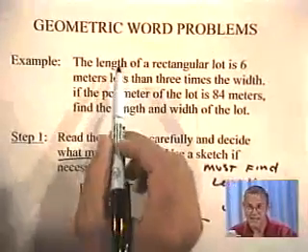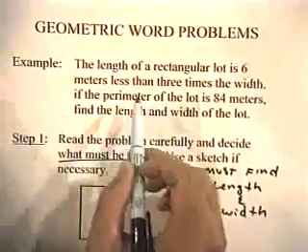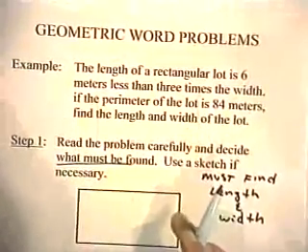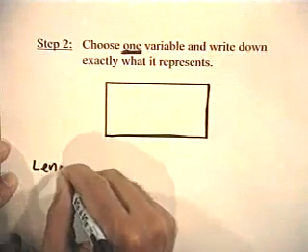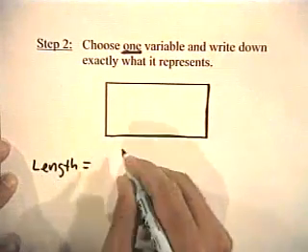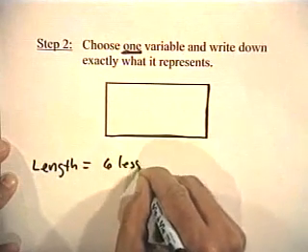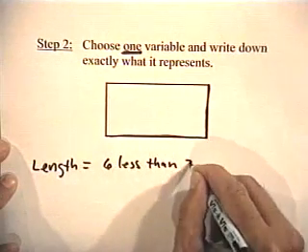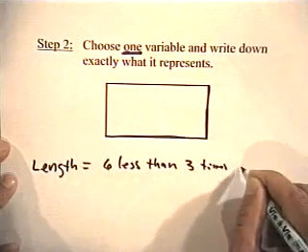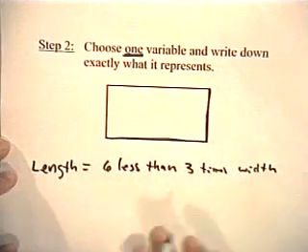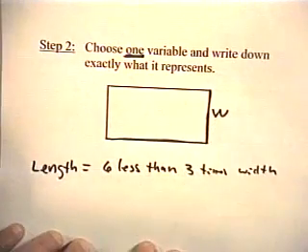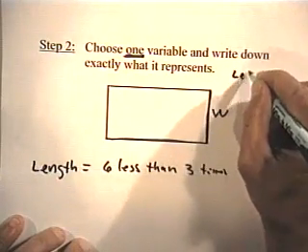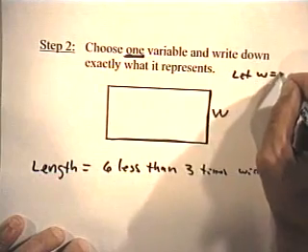it says the length is 6 meters less than 3 times the width. I'll write that down. The length was equal to 6 less than 3 times the width. So why don't we let W equal the width? And I'll write that down. Let W equal the width.